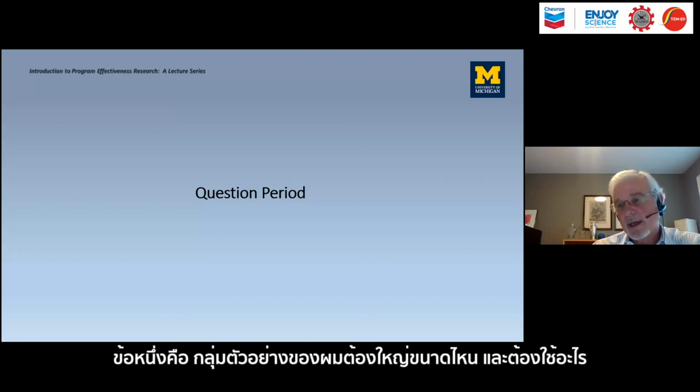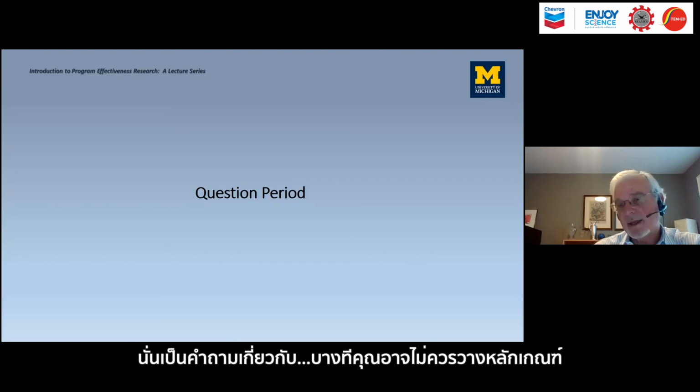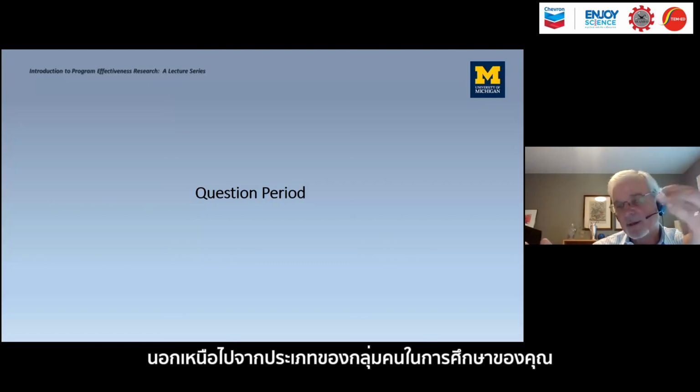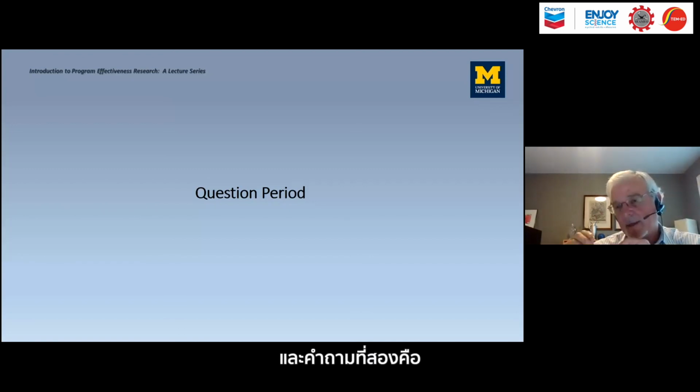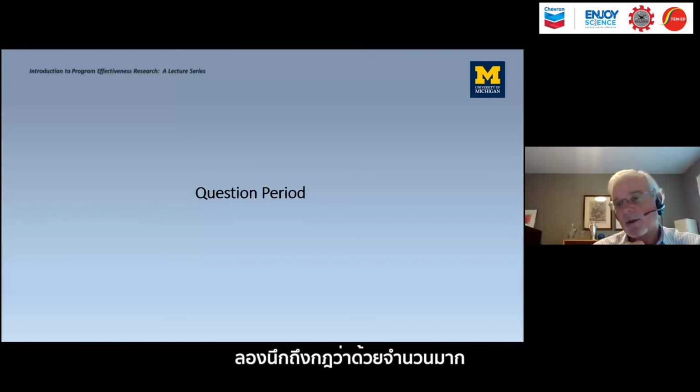One is, how large does my sample need to be, and what does it need to look like to generalize beyond my subjects? And that's the question of, you shouldn't probably generalize beyond the types of people in your study. And the second question is, how large does my sample need to be before the results that I am observing are stable? Just think about the law of large numbers.